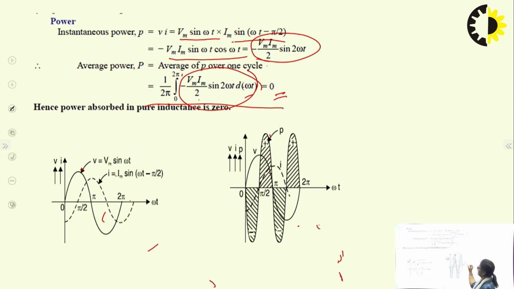In the last quarter, the voltage and current are both negative, and negative times negative makes positive, so the power is positive. The positive and negative halves are equal, so over a complete cycle they cancel each other out. So the average power is once again 0 for a purely inductive circuit.